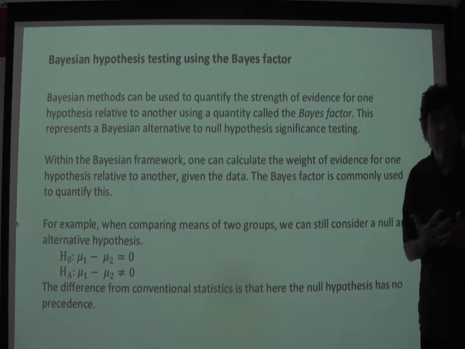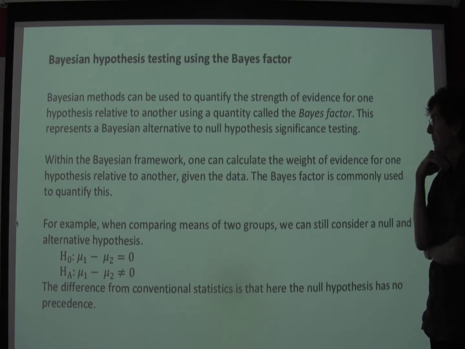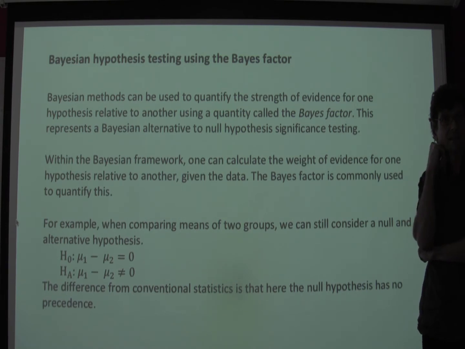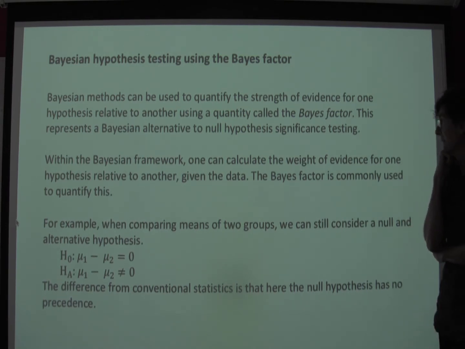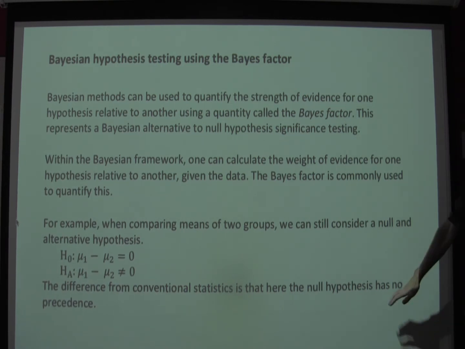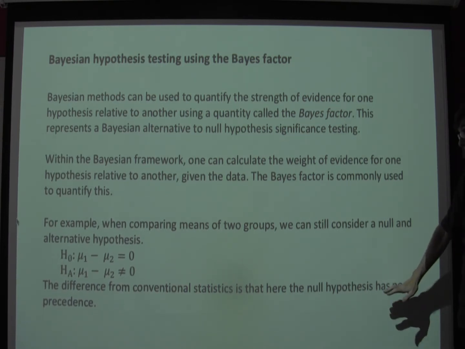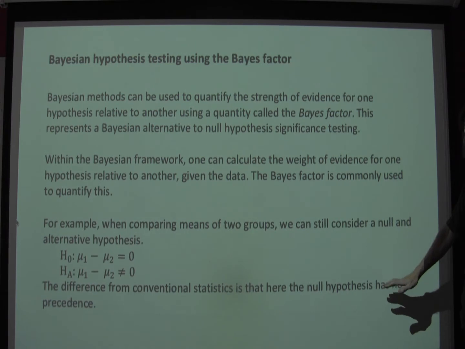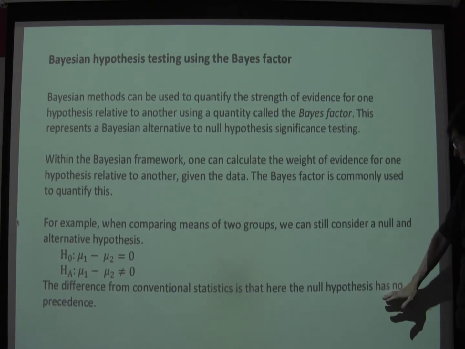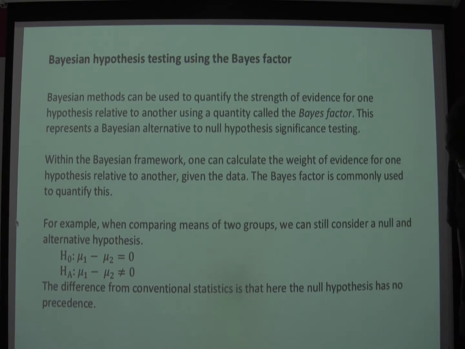So there are certain advantages to being able to compare the null with the alternative. The Bayes factor allows us to do this if we want to go there. If we apply the Bayes factor here, then we have the same null and alternative, but unlike null hypothesis significance testing, the null hypothesis has no precedence.